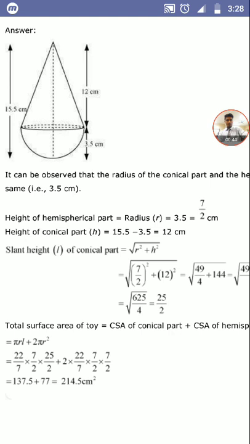Okay, so for a cone, you know, it's 1 by 3 pi r square h, and for a hemisphere, you know, it's half of 4 pi r square. Okay, and sorry, I told you the formula for volume. The surface area will be pi r l. Okay, so l out here will be... the height of the figure is 15.5 and the radius is 3.5.